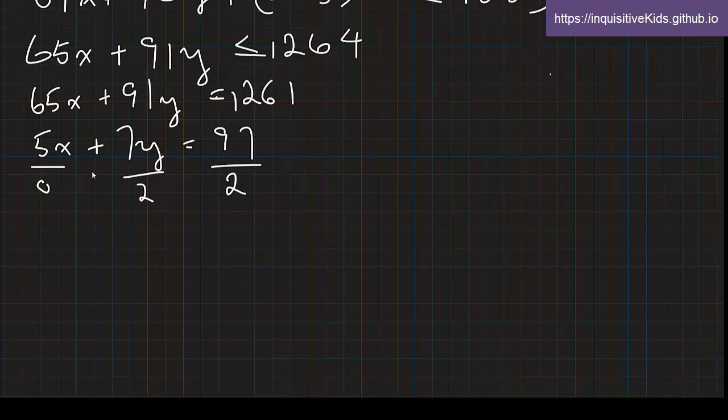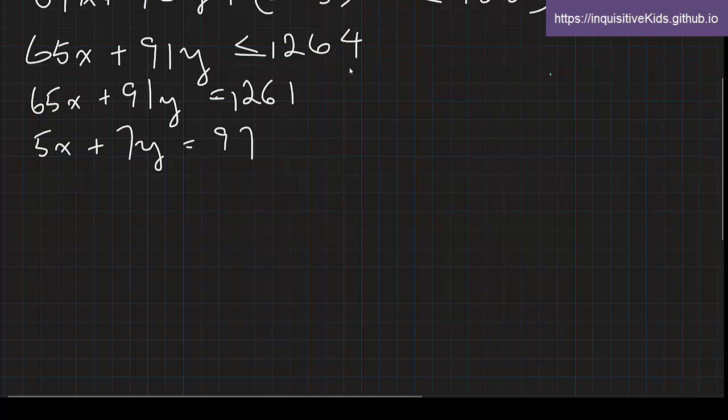So where did that remainder 2 come from? Well, it couldn't come from the first term, so it had to come from the second term. That's why 7y divided by 5 has a remainder of 2.